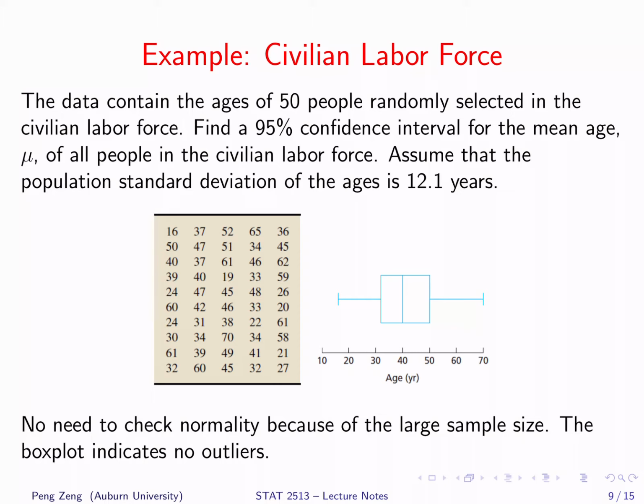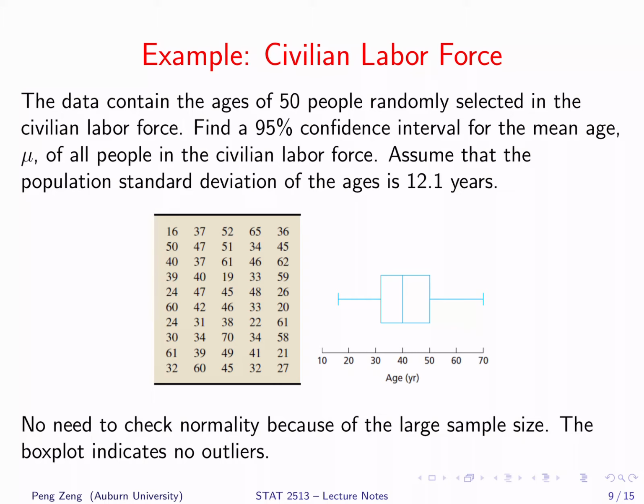To check the normality assumption, we need to draw a normal probability plot. However, because the sample size is 50, the sample size is large enough. The central limit theorem is applicable. In this case, we only need to worry about the outliers. The box plot shows that there is no outlier.